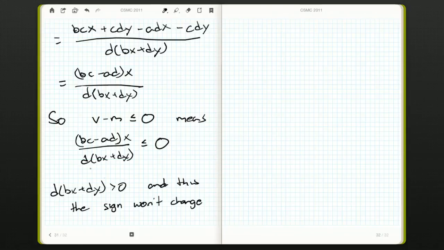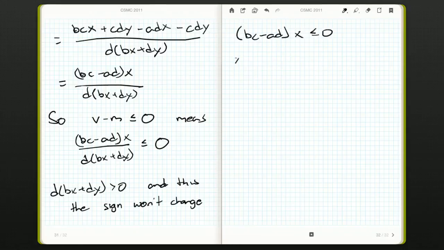So if we multiply through by d times (bx plus dy), we know that's going to be a positive integer, so our sign won't change. x is a positive integer, so dividing by it doesn't change around this sign.